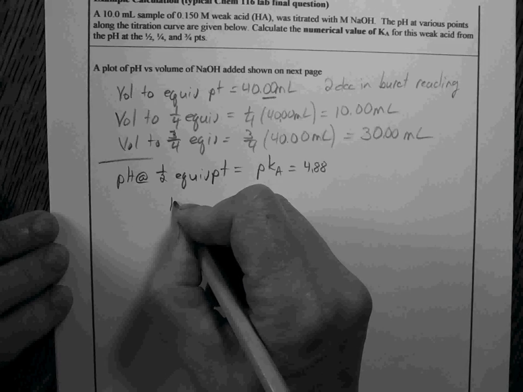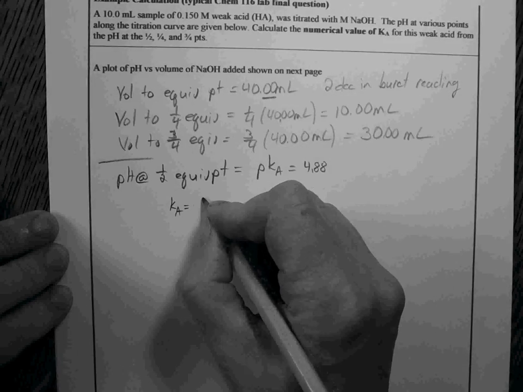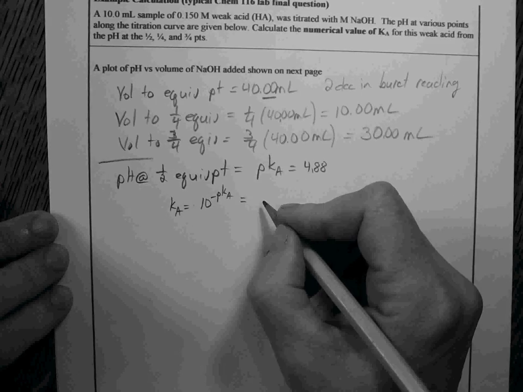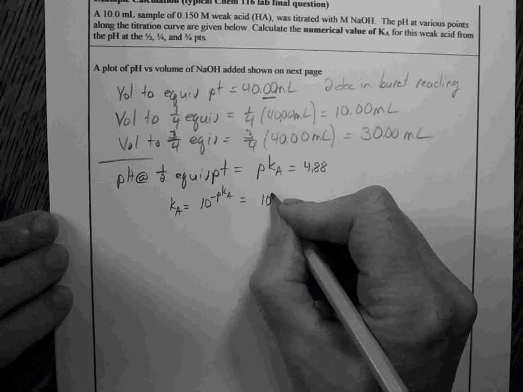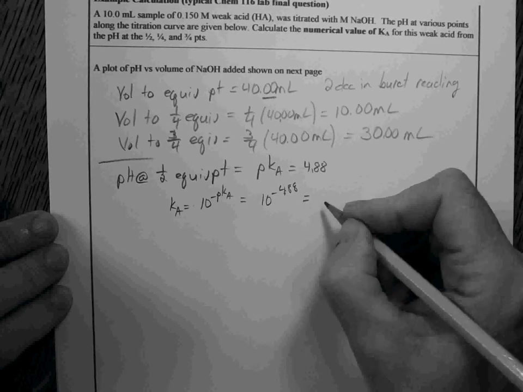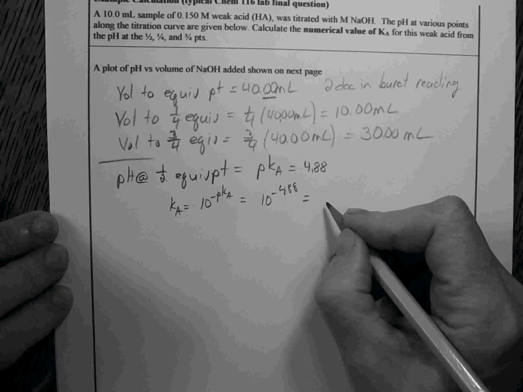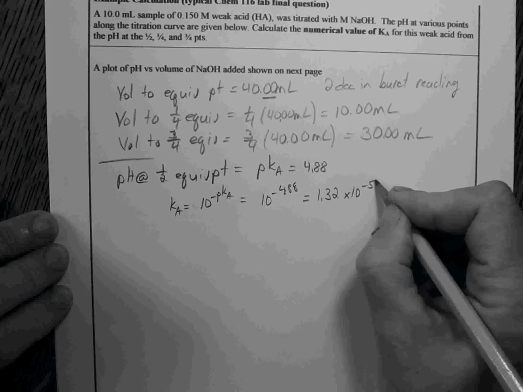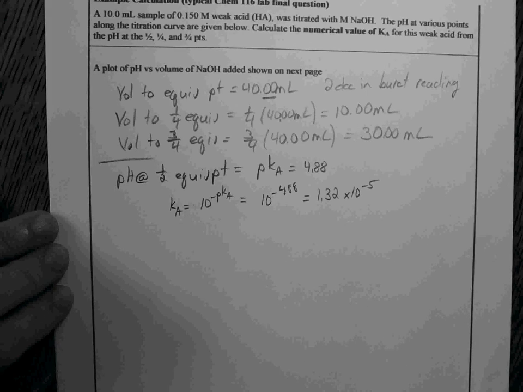So we can find Ka is going to equal 10 to the minus pKa. That's 10 to the minus 4.88, and we get a value for the Ka equal to 1.32 times 10 to the minus 5. We would report that on our data report sheet.